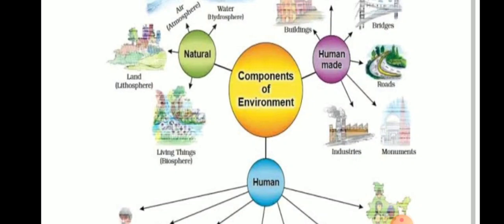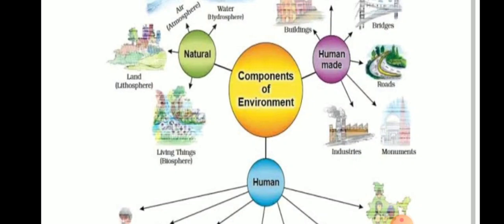Natural environment means all living and non-living things occurring naturally. It means it's not because of humans, it's not artificial. Natural environment simply means living and non-living things which occur naturally, that means without much human interference.